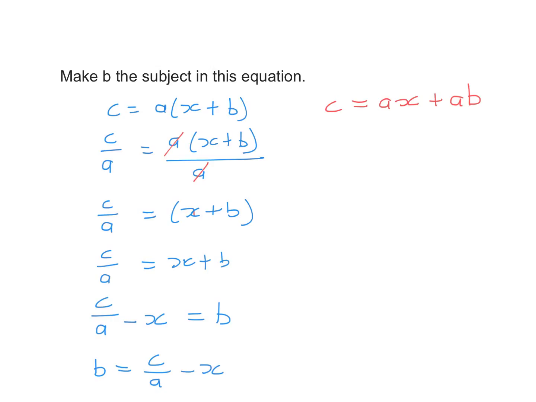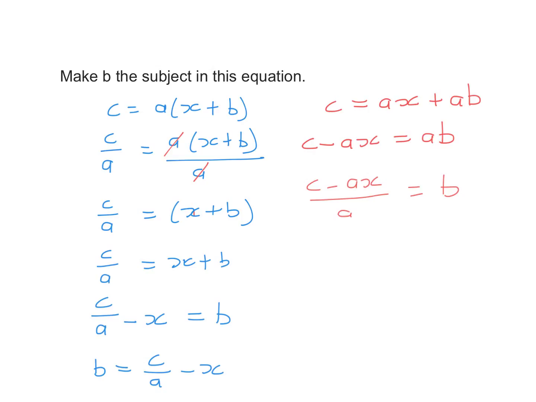So I will have C minus ax equals ab. And we know that ab is the same as a times b. So I'm going to divide this side by a, therefore I need to divide this side by a. I therefore have C minus ax over a is equal to b.